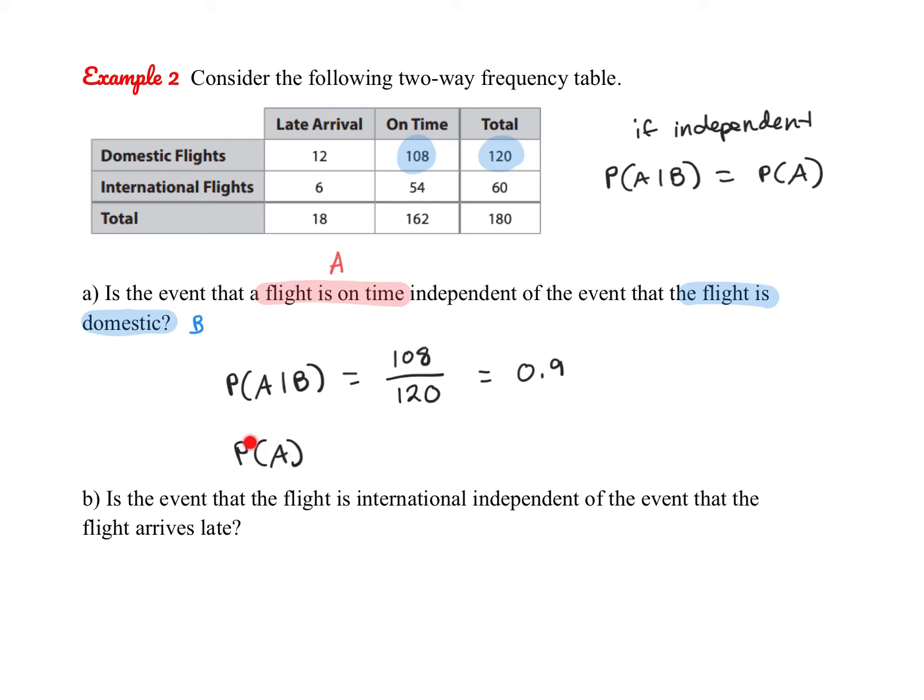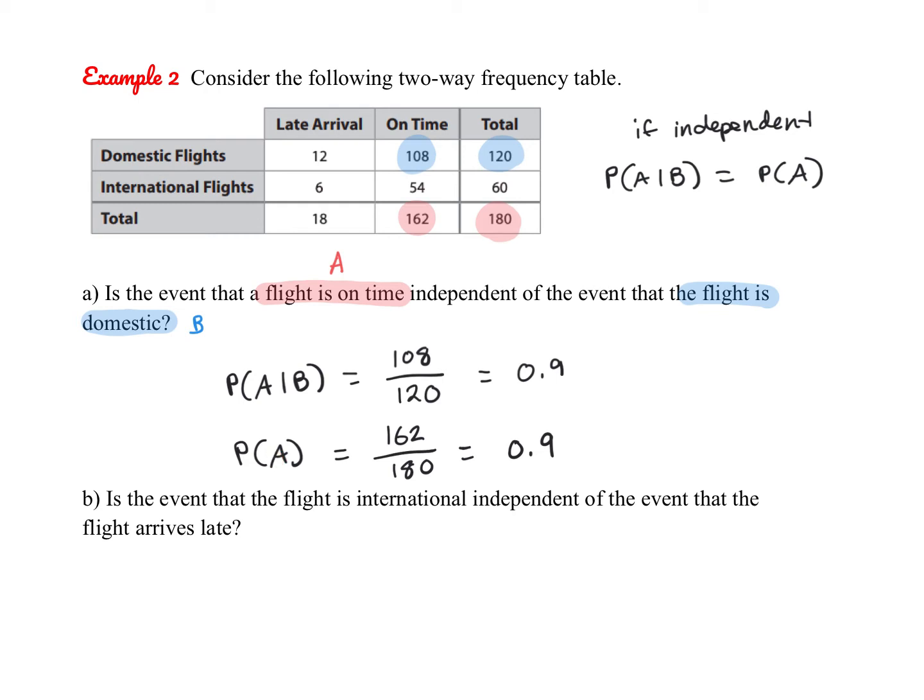Now let's find the probability of just event A, which is the event that the flight is on time. So if you look at the total number of on-time flights, it's here, and then the total number of flights period is 180. So to find that probability, again, the favorable outcomes is 162, total outcomes is 180, and again, if you find a decimal for that, it is also 0.9.